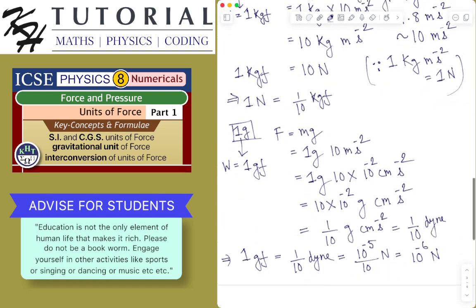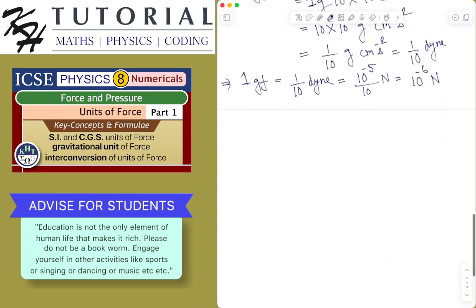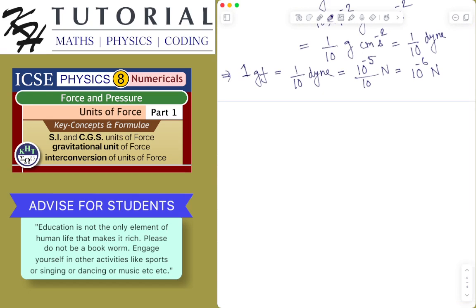So let me quickly summarize the important things that you must remember. The triple star ones are very important. If you forget this, you are doing a crime.